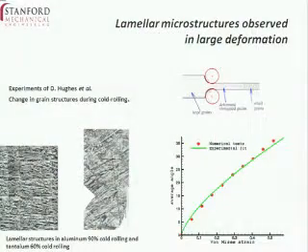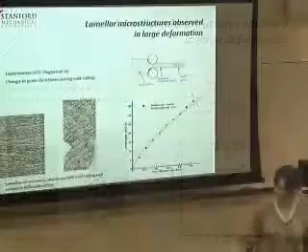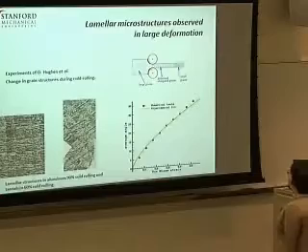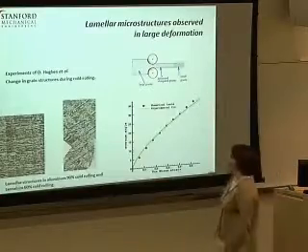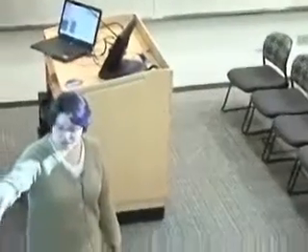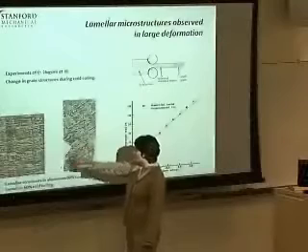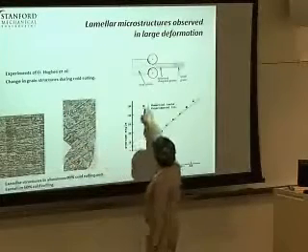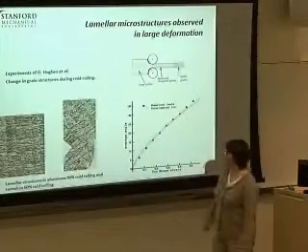All right. Now we have applied the same algorithm with a bit different ideas on lamellar microstructures that are observed in large deformation. Some experiments have been done at Sandia National Lab by Darcy Hughes, where she observes these lamellar microstructures when she does cold rolling experiments.